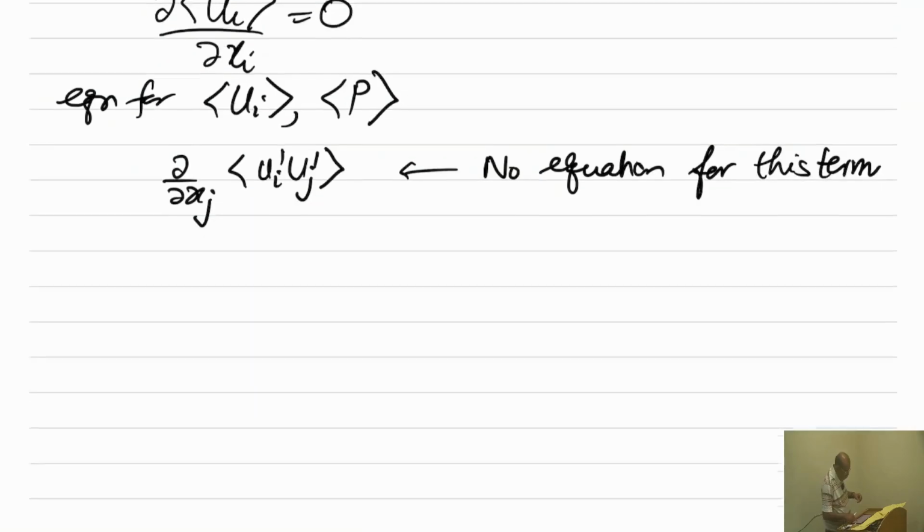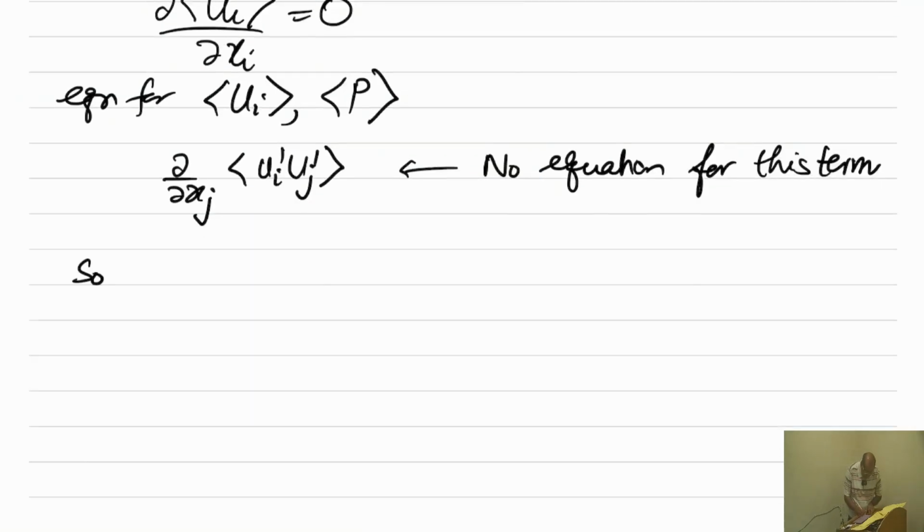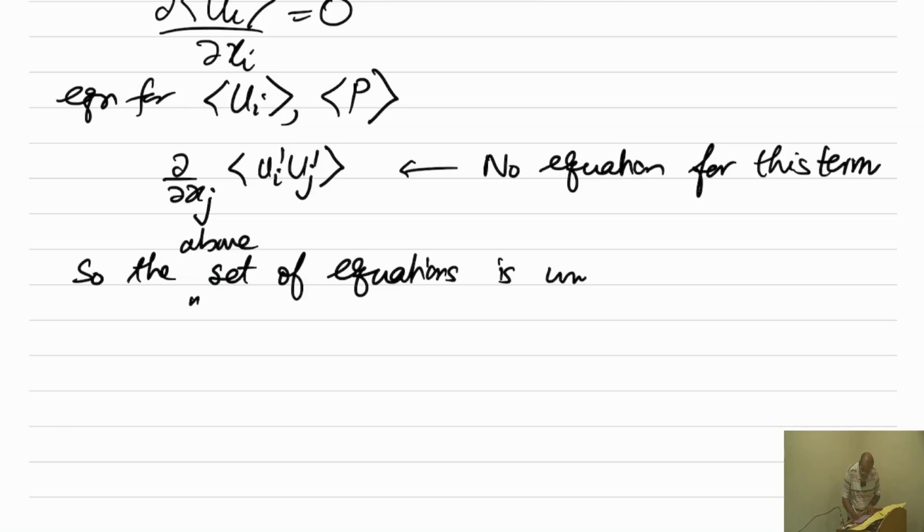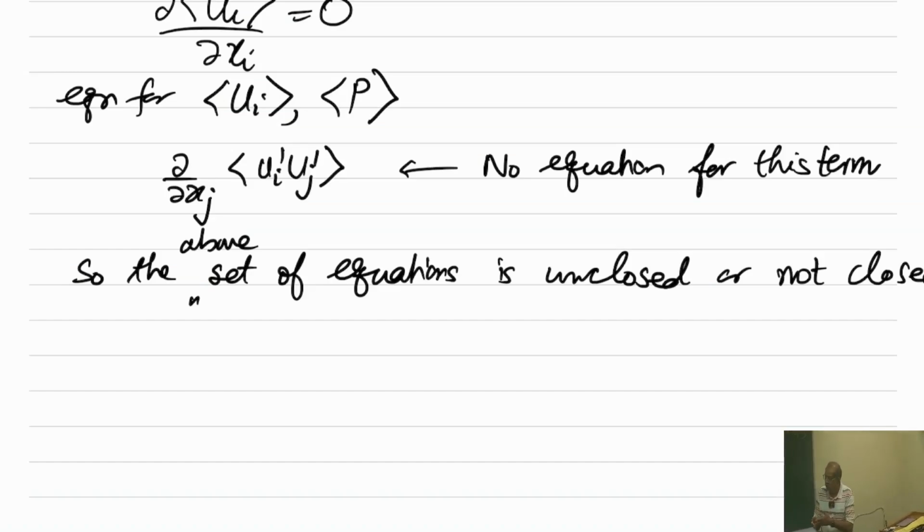And this is what we said, that the above set of equations is unclosed, or not closed. So, what do we mean by a closed set of equations? Where the number of variables is equal to the number of equations. So, that is the meaning of closed.